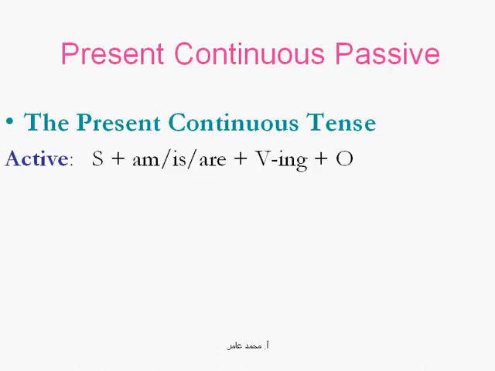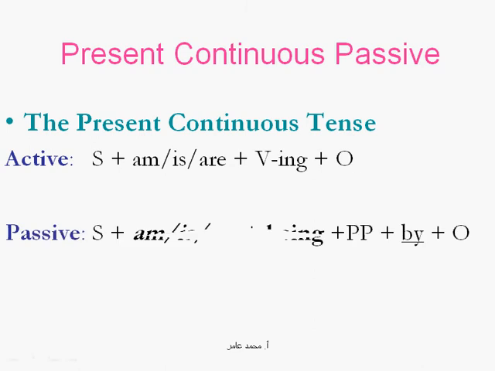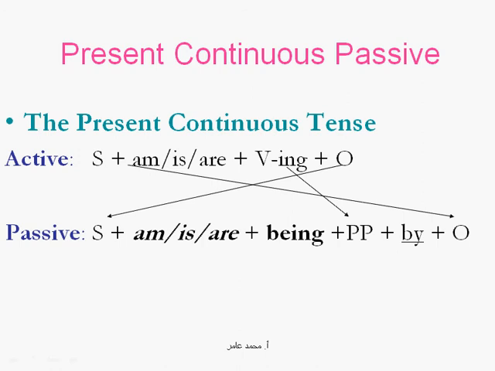Present continuous passive. The present continuous tense, if it is active, we start as we have just said with the subject, then we have am or is or are, and the verb with ing plus the object at the end. To change this sentence into passive, we start with the object, which comes at the beginning to be the subject of the passive, and then we use am or is or are plus being, and the verb that was in the active voice with ing we change into the past participle, the third form.